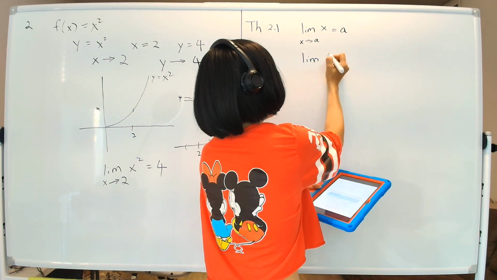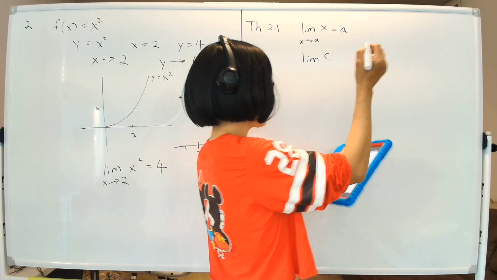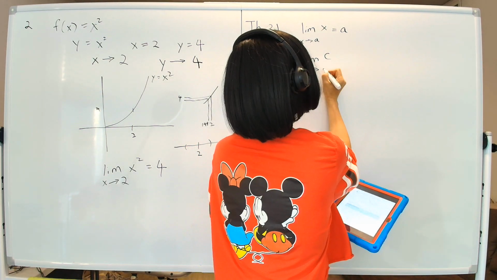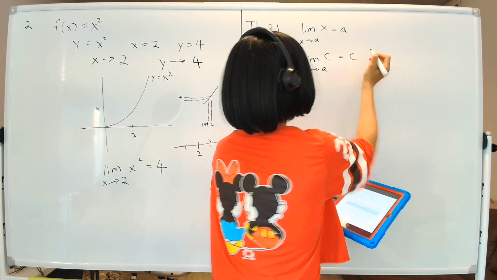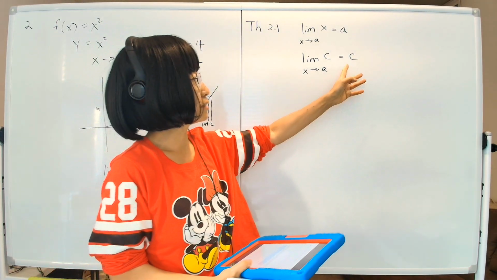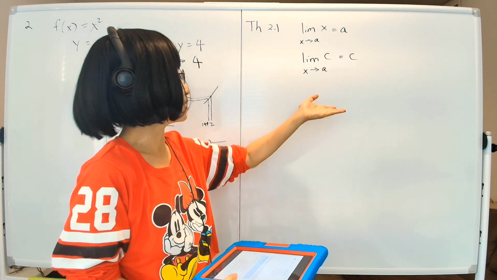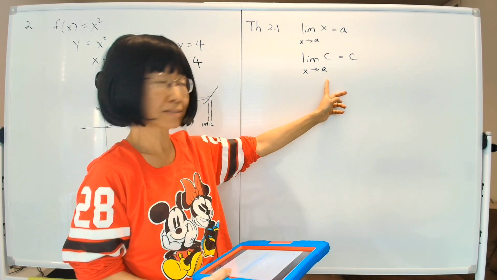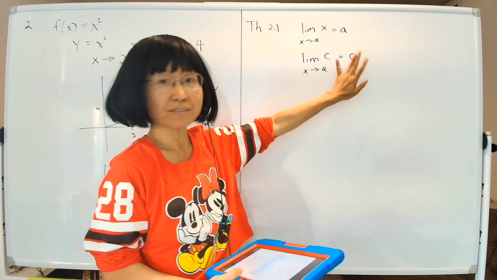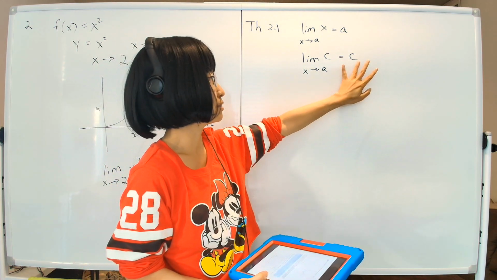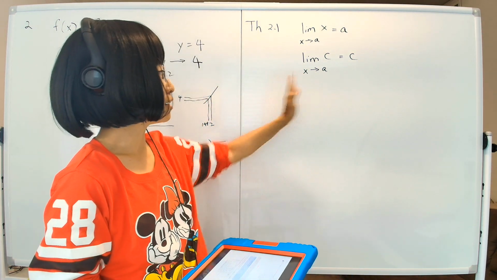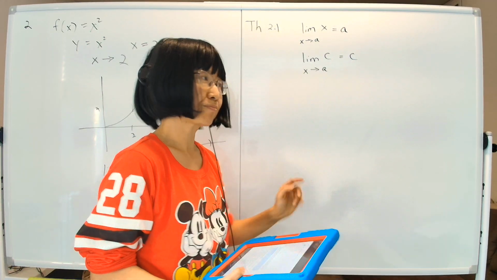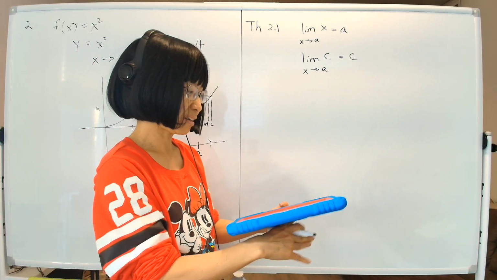Limit of a constant as x approaches whatever equals the constant. That's because the constant doesn't care, means nothing. The constant means wherever x is, the value is constant, some specific number, regardless. Therefore, when x approaches it, the limit is also that number. Yeah. Moving along.